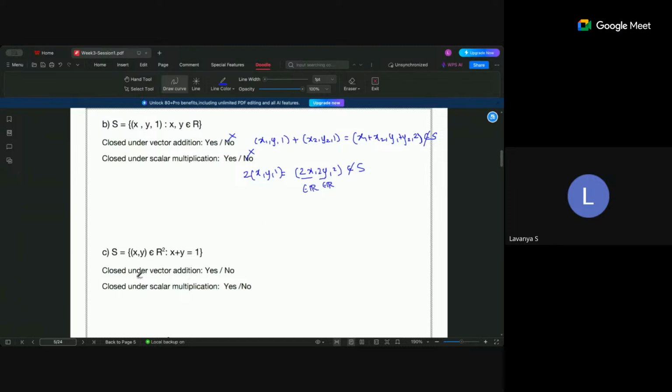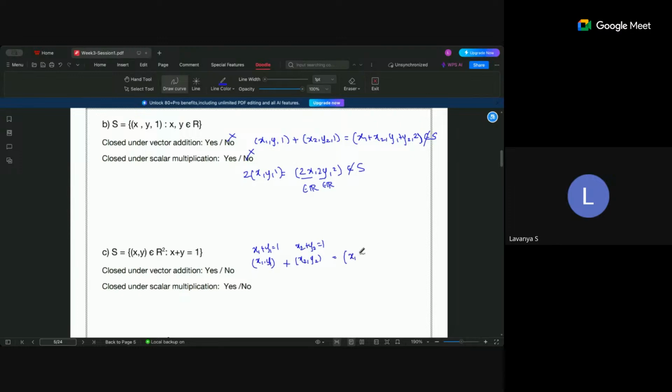Okay. So here, for this set, we will check closed under vector addition. So here you have x comma y, where x plus y is equal to 1. So let us pick two vectors, x1, y1 and x2, y2, such that x1 plus y1 is equal to 1, x2 plus y2 is also equal to 1. Now let us add them up and see what is happening.